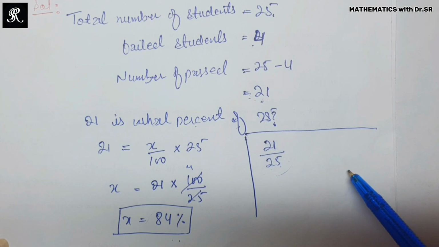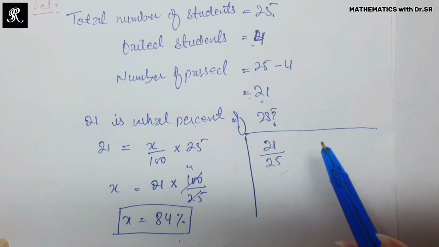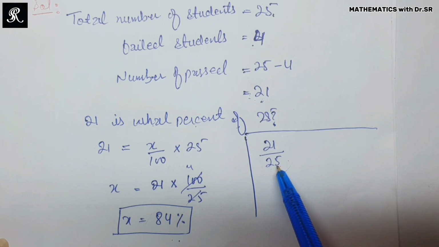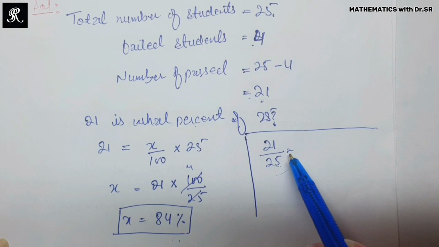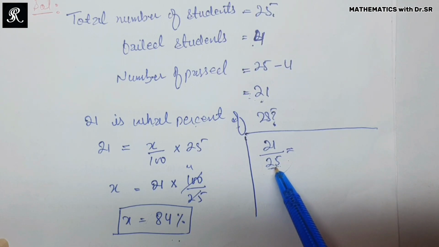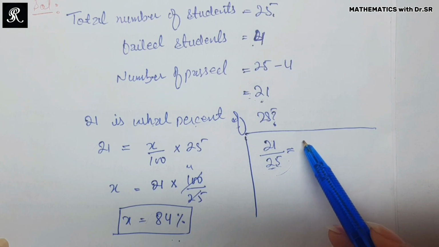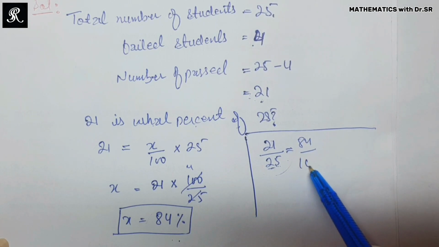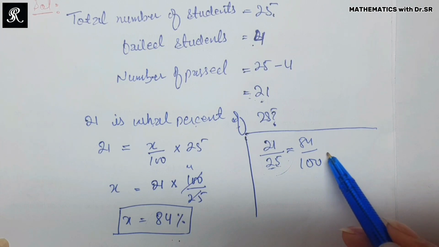the percentage. First of all, we need to extend this to 100. So we will multiply by 4 here, and similarly on the numerator as well. So we will get here 84 upon 100.